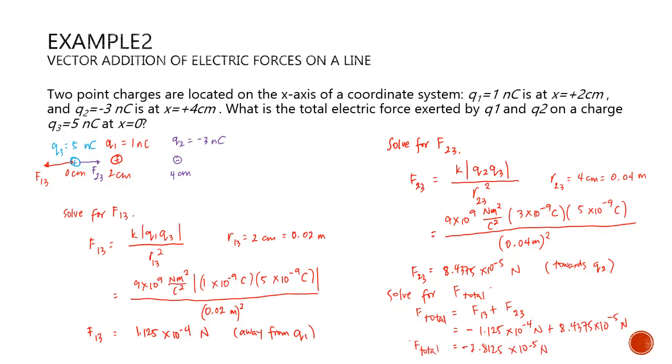That means the magnitude is 2.8125 times 10 raised to the power of negative 5, and the direction is away from both Q1 and Q2, right? Because it's to the left. So the magnitude is 2.8125 times 10 raised to the negative 5 newtons, and the direction is away from Q1 and Q2, right?